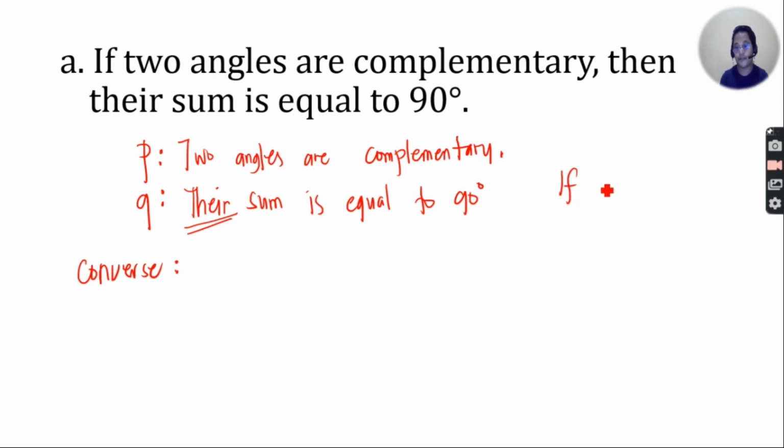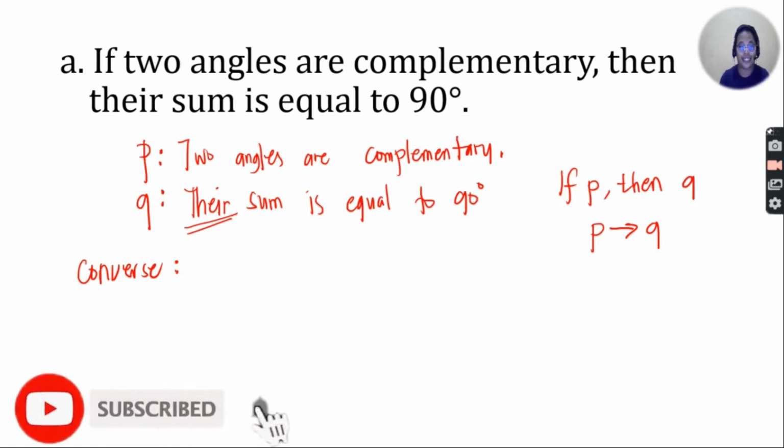So, if P, then Q. Or in symbol po, P implies Q po. Yung ating implies or yung implication natin is yung ating arrow po.